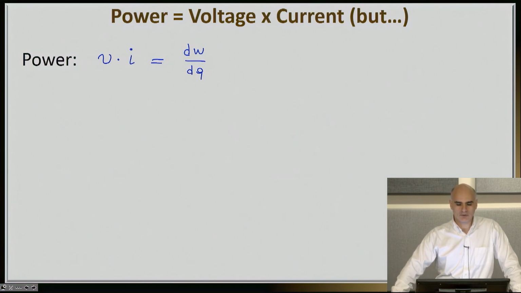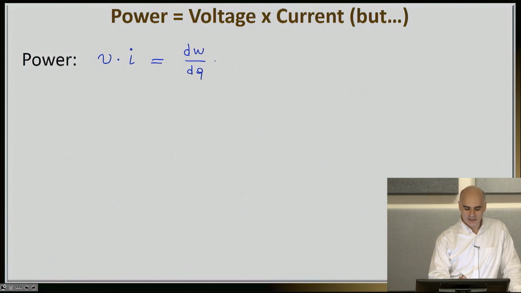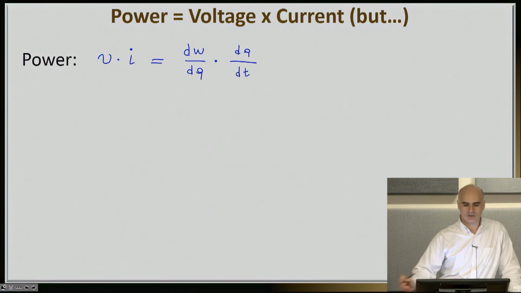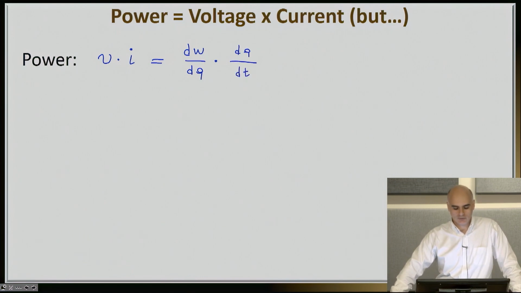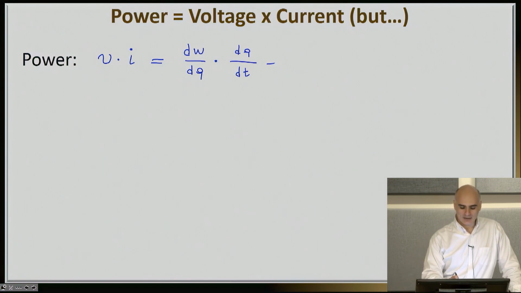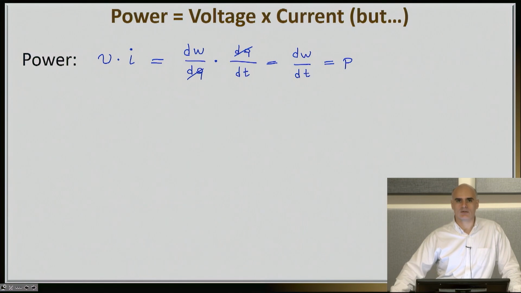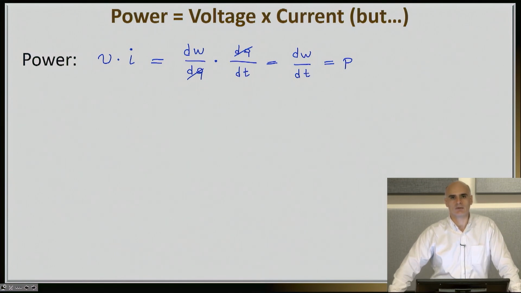The definition of the voltage is the amount of energy I'm spending to move a charge against the electric field per unit charge, times the current I, which is dq/dt. So that means the amount of charge I'm moving per unit time. So I can go ahead and cancel the dq's, and I find out that immediately the result is dW over dt, or nothing else but the rate of change of energy, which of course equals power.